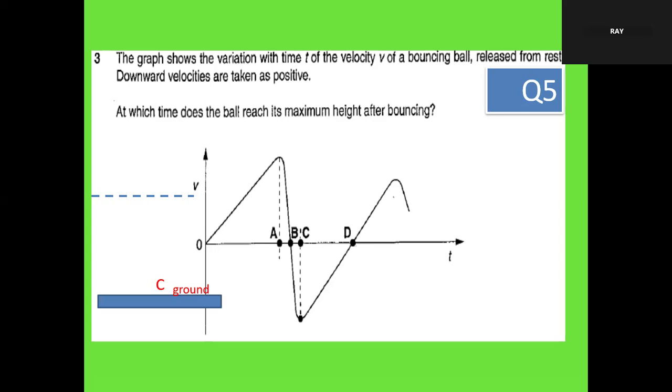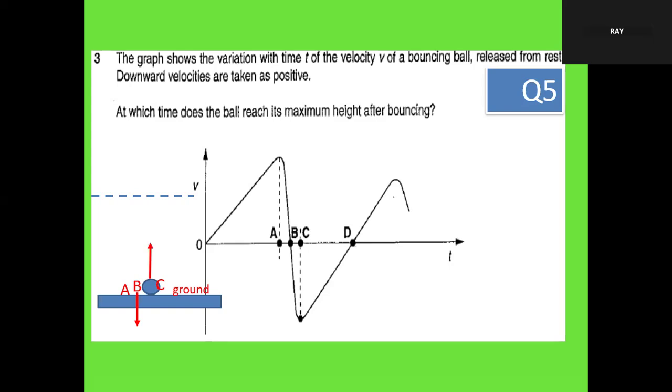You must understand where is your A, where is your B. A is where it hits the ground, before it hits the ground. B is when it hits the ground. C is where it regains its shape again. It's still on the ground.